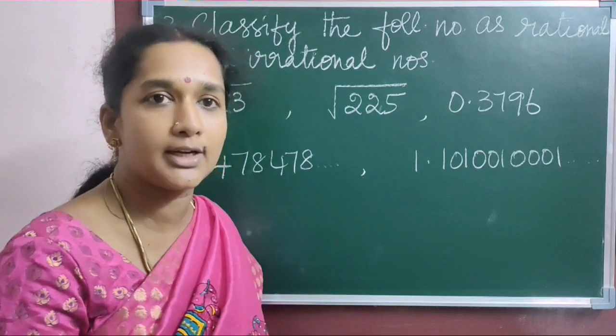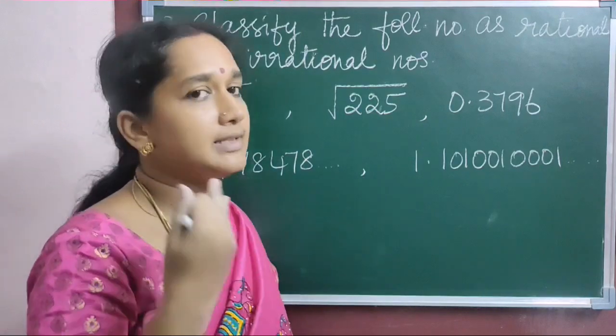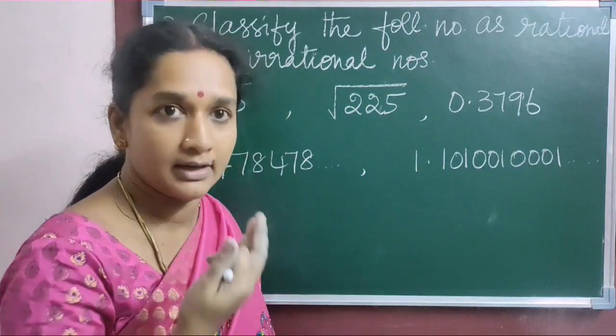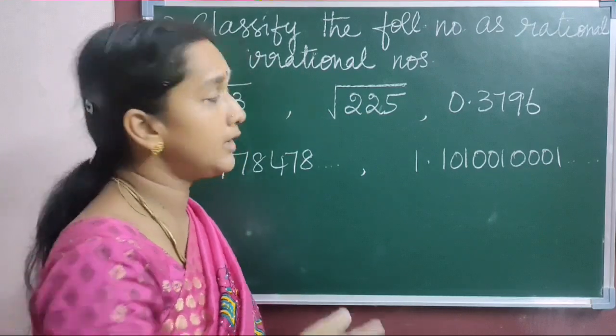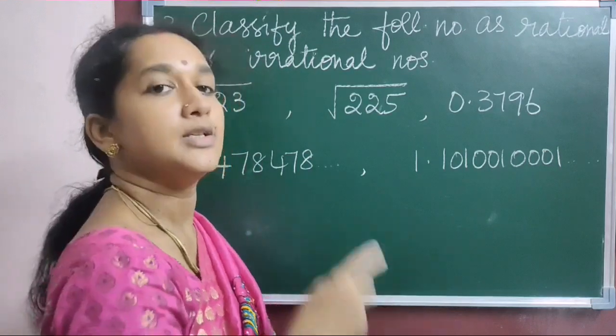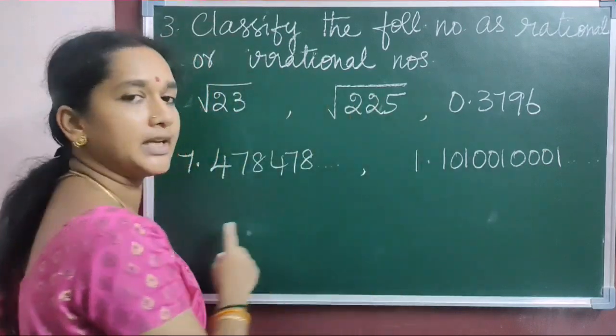If you have either of these two conditions, they are classified as rational numbers. If the decimal expansion is non-terminating and non-recurring, they are called irrational numbers. With these conditions, we will classify the given numbers.